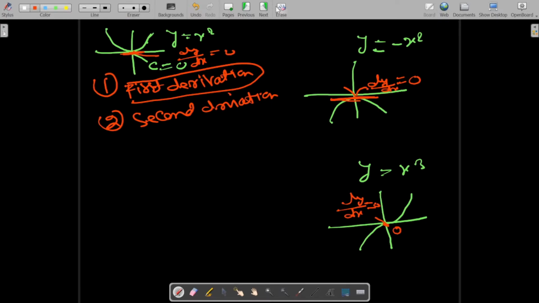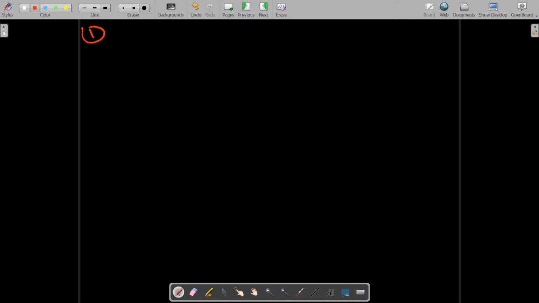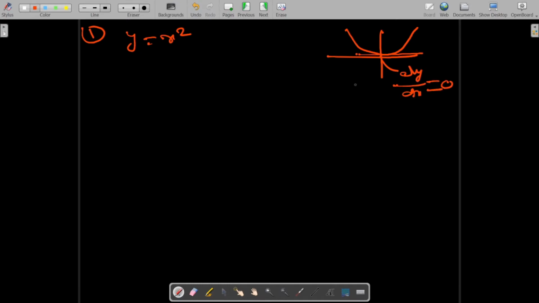So let's go to the first one, y equal to x square. So the graph is this, and here the slope is 0, so dy by dx would be 0. So step 1, do dy by dx and equate to 0.